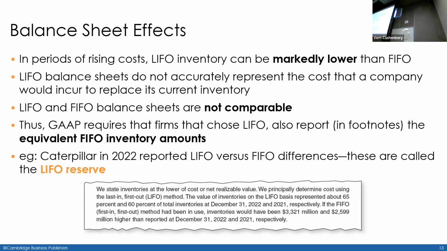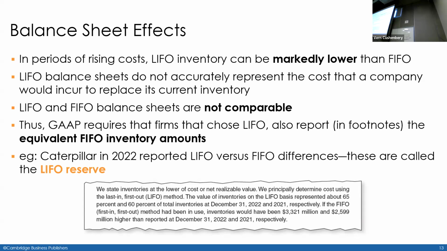So if we had used FIFO, which is what international accounting demands, FIFO is not even an option in international accounting. So if we had operated like everybody else, we would have reported higher profits over time. FASB recognizes that difference, and to correct for it, they require companies to report something called a LIFO reserve.